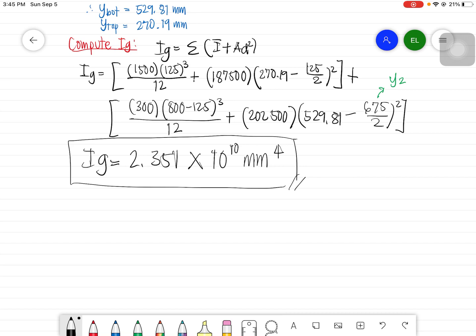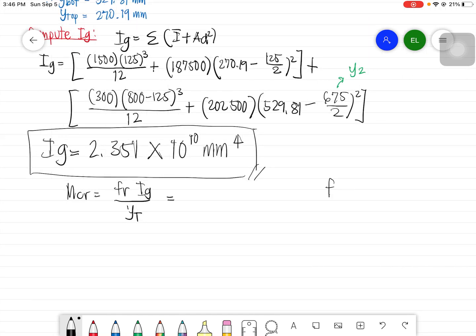Okay, so let us compute first the cracking moment. The cracking moment, Mcr, is equal to fr Ig over yt. If we try to calculate fr, fr is 0.62 times lambda square root of f'c, which is 0.62 times 1.0 times square root of 21.